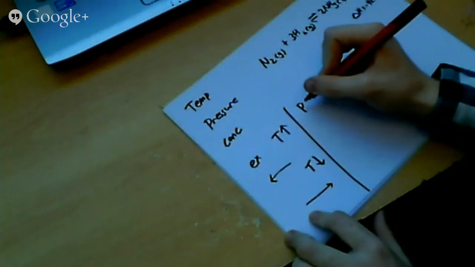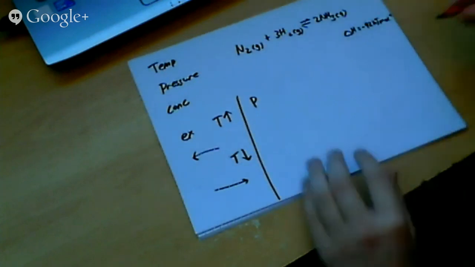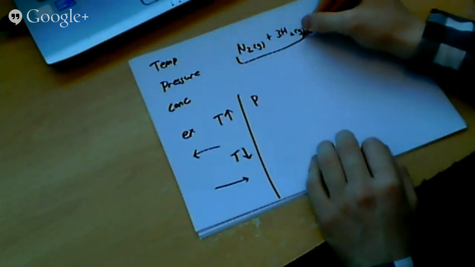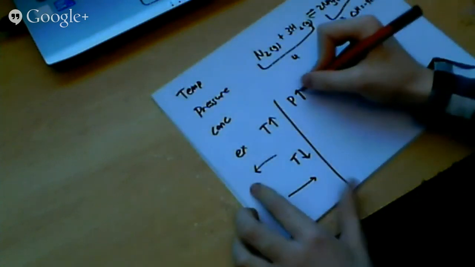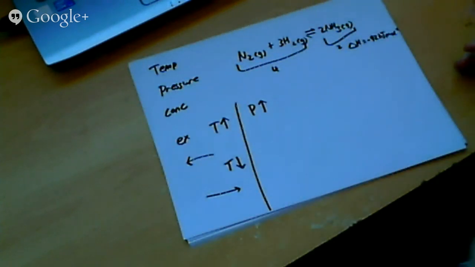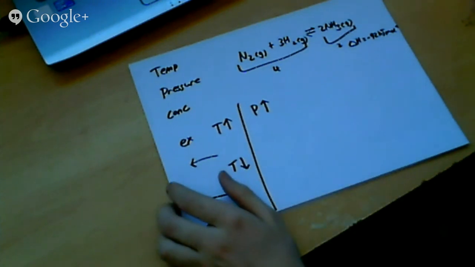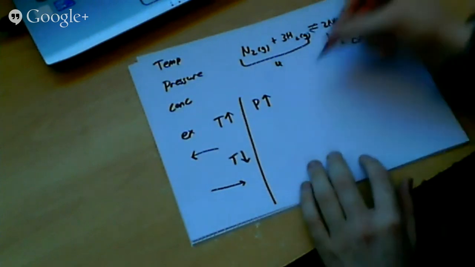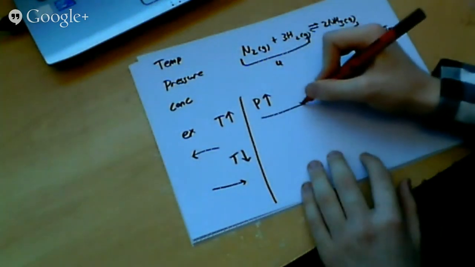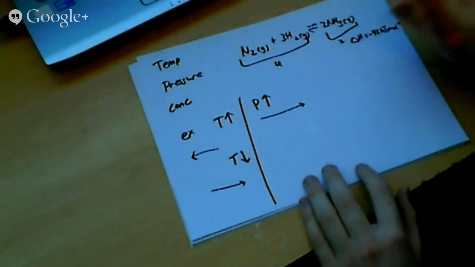Pressure is all about number of moles of gas. On this side, we have 4 moles of gas. This side, we have 2. So if the pressure increases, it's going to shift to the side which has fewer moles. So as pressure increases, it's going to shift to that side because there are fewer moles of gas.